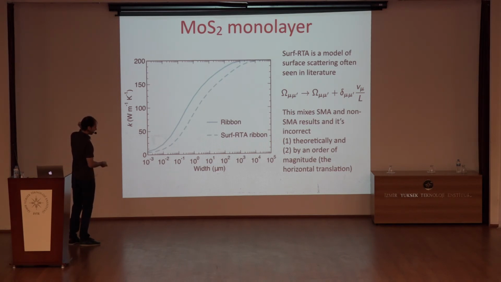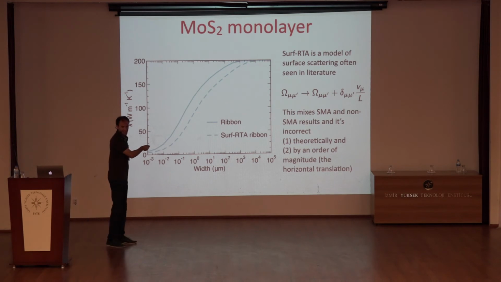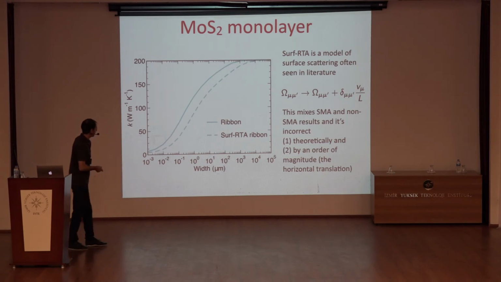You can see that there is something fishy going on, because we are using something which is complete when we describe three-phonon scattering, and when we decide to describe surface scattering, we just use something which is a relaxation-like approximation. If you're interested, I made some work about that.